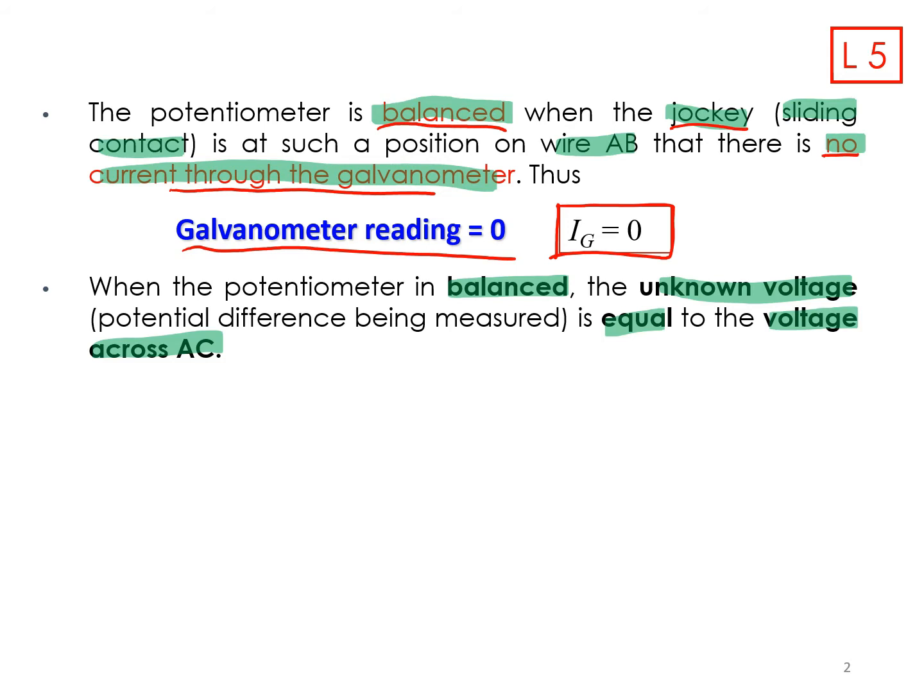You just need to remember that when your potentiometer is in balance, current across galvanometer equals 0. Therefore, unknown voltage is equal to the voltage across AC. Potential difference across X equals the potential difference across wire AC.